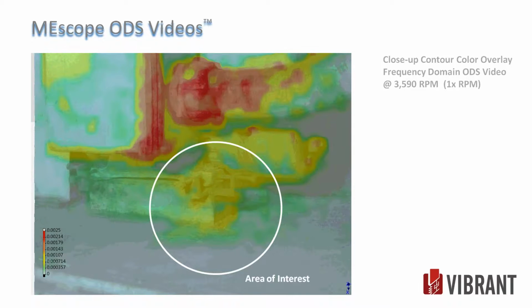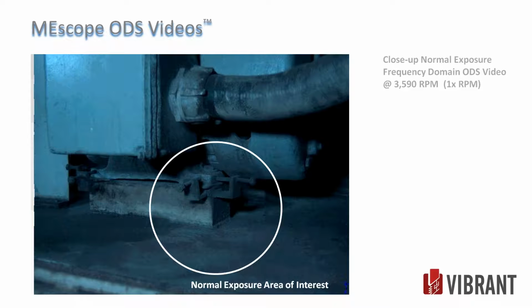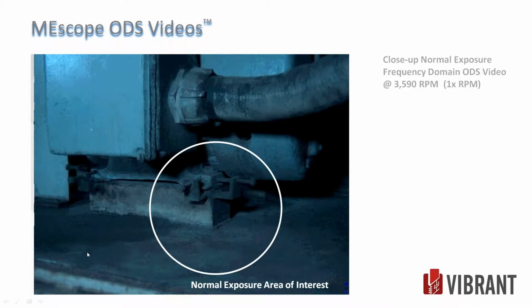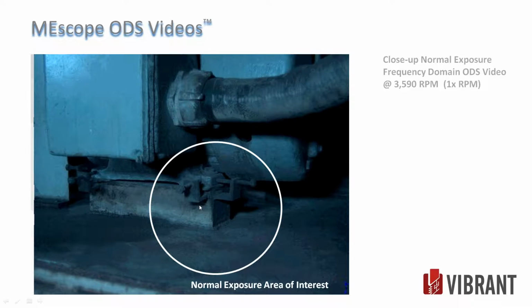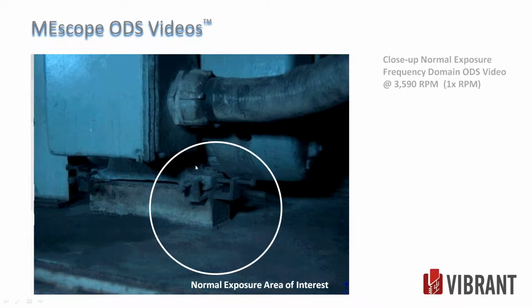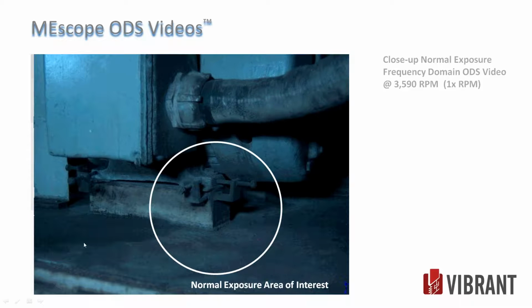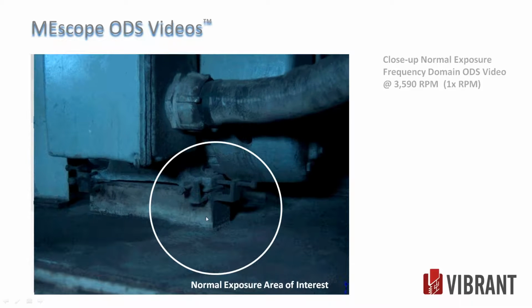Here's our area of interest, the foot itself, and just a normal exposure view. You can see that the foot and the foundation block that's welded to this plate is all moving at the same time. There's no relative motion in here, but it's obvious that there's something going on here that isn't going on there. This is pitching the motor.